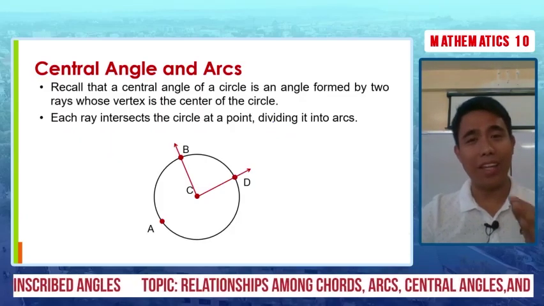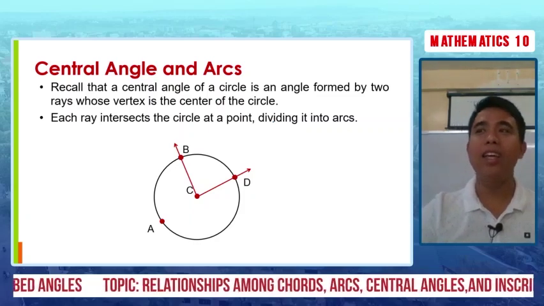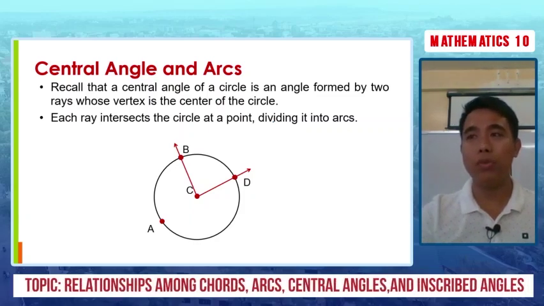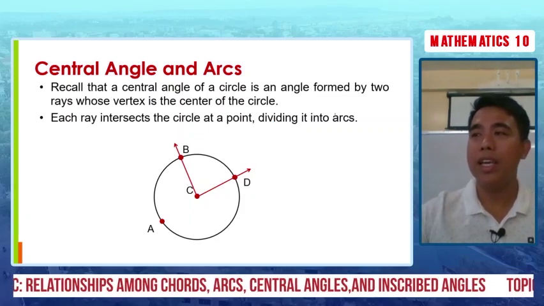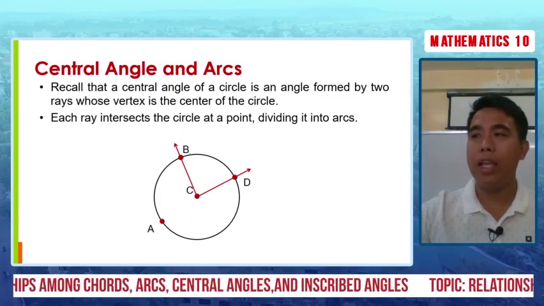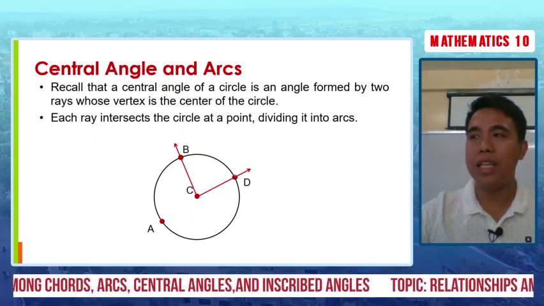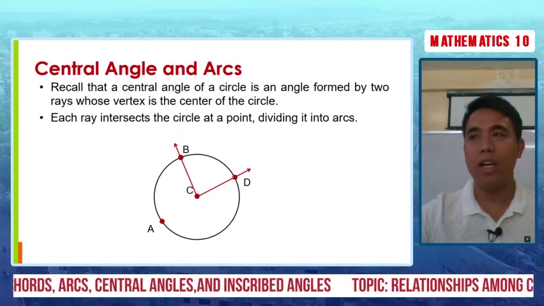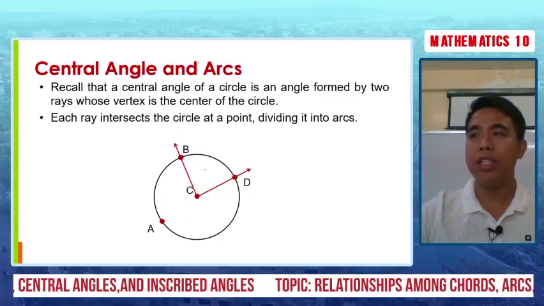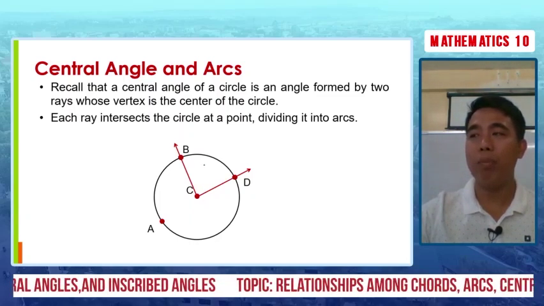So let us recall again yung central angle natin, that a central angle of a circle is an angle formed by 2 rays whose vertex is on the center of a circle. So we have here angle BCD is a central angle. And each ray intersects the circle at a point.